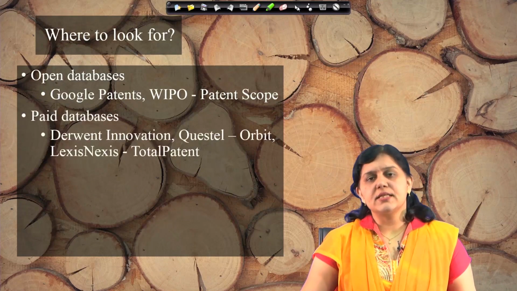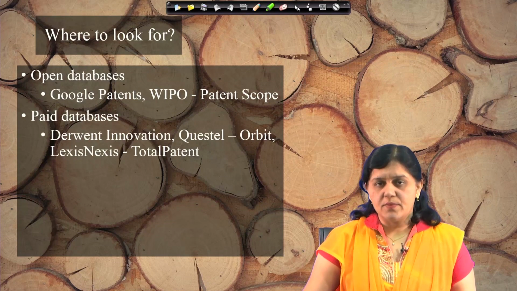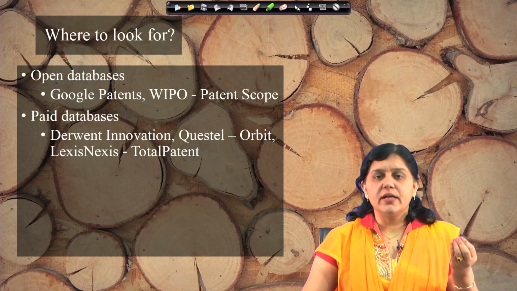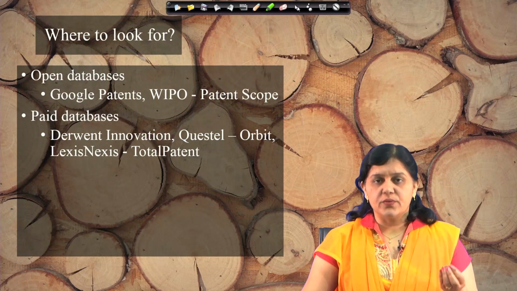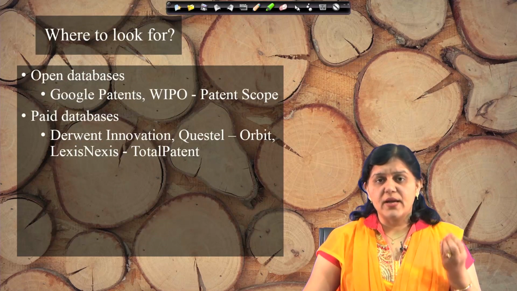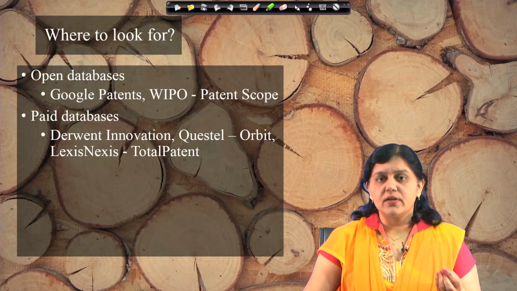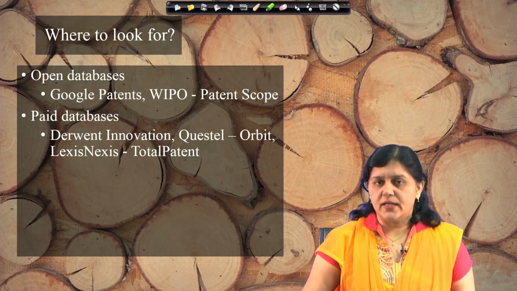Then you can just consider the paid databases. There are so many paid databases available like Derwent Innovation or Questel Orbit, or there is a Relecura, right. And then in the past there were Delphion, Micropat, but these databases are not available. STN is available. So, there are a number of paid databases available.